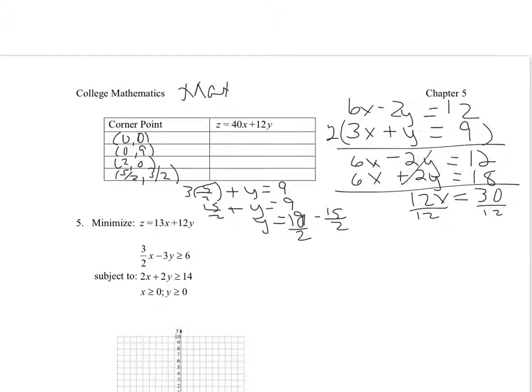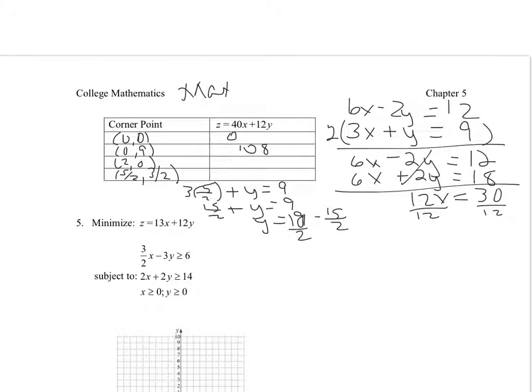And it's possible to maximize this because if you remember, when we graphed this, it was bounded. And that's the only way a maximum will exist, is if it's bounded. Now, 0 for x, 0 for y is going to give me a value of 0. If I were to plug in (0, 9), then I am going to come up with 108 when it's simplified.